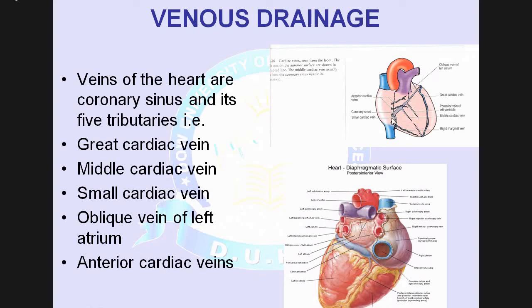Most of these would drain through the coronary sinus. Some anterior cardiac veins would drain directly into the atrium, and some of the venae cordis minimi also would drain directly into the right atrium.